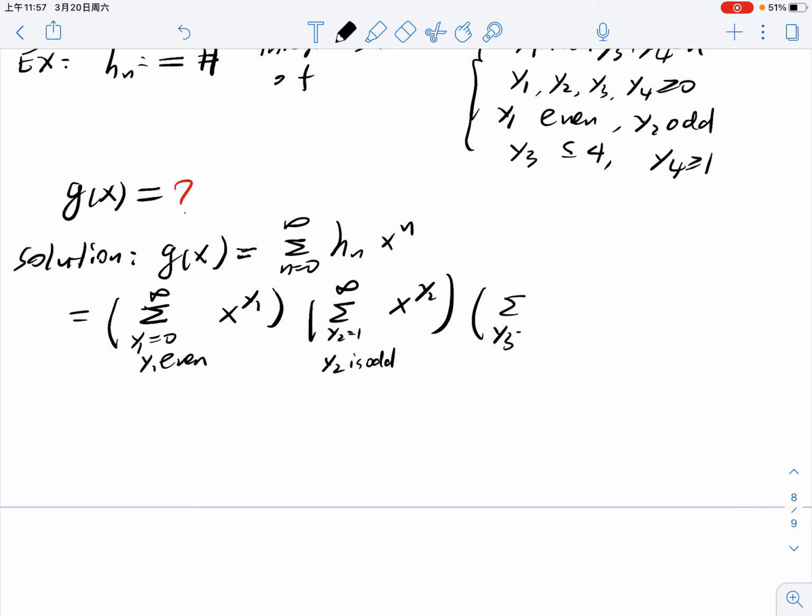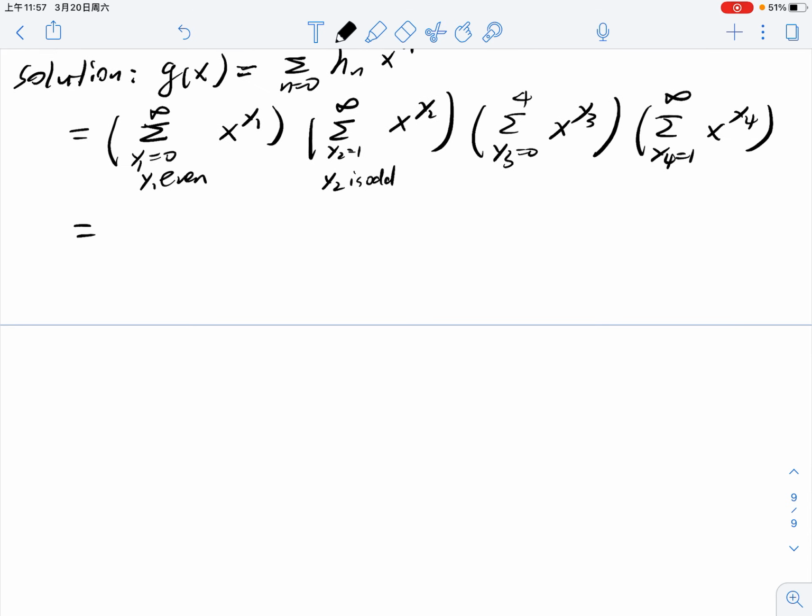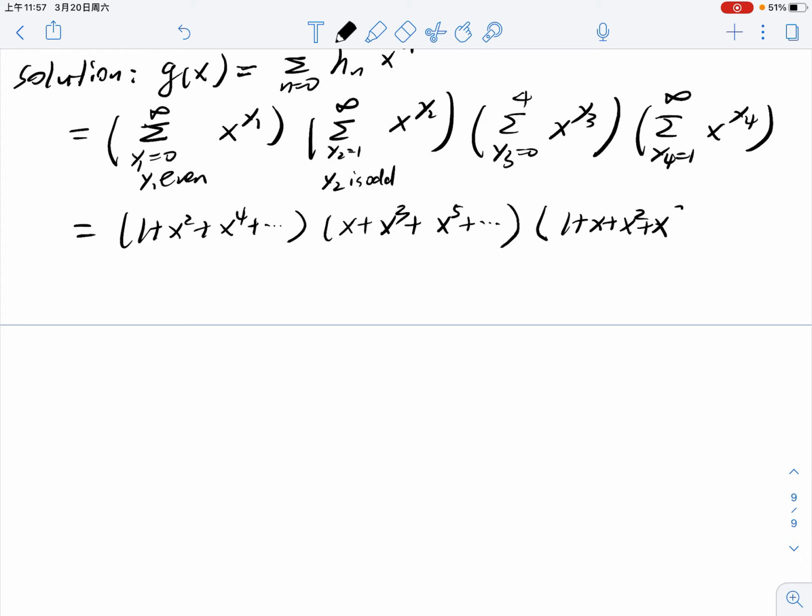And y3 is from 0 to 4, x to the y3. y4 is from 1 to infinity, x to the y4. And then if you expand, you do have the following product of infinite sequences. Oh, sorry, the third one is finite.